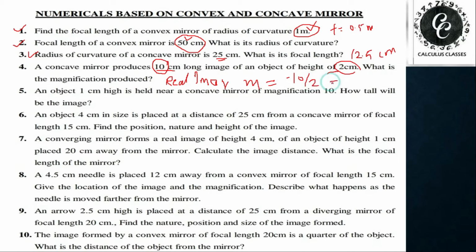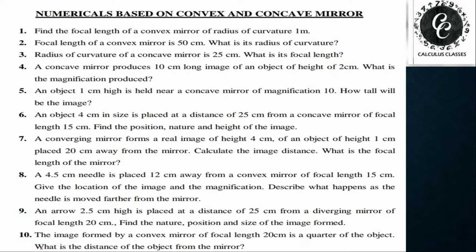So magnification will be minus 5 for real images. Okay. For real images, magnification will be negative 5, but for virtual images, it will be plus 5. I hope you understood well. I hope you are understanding.